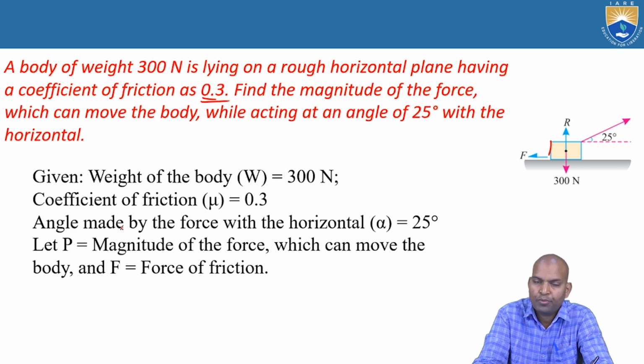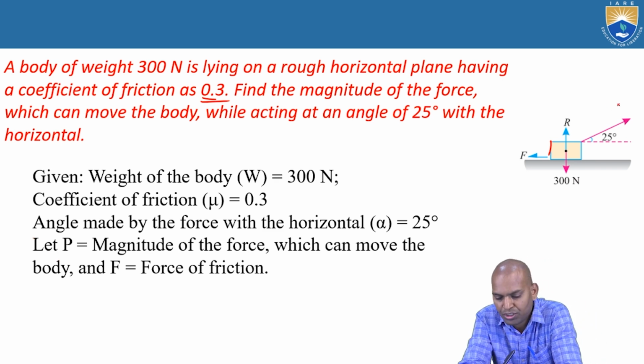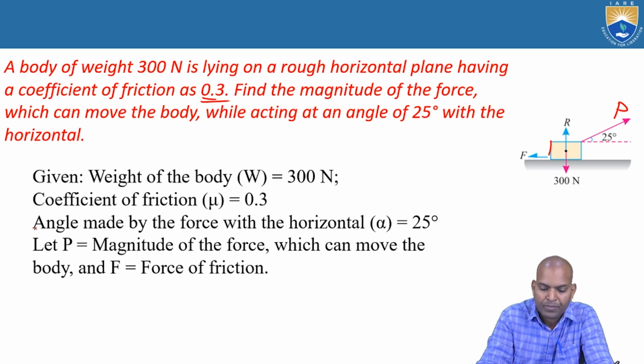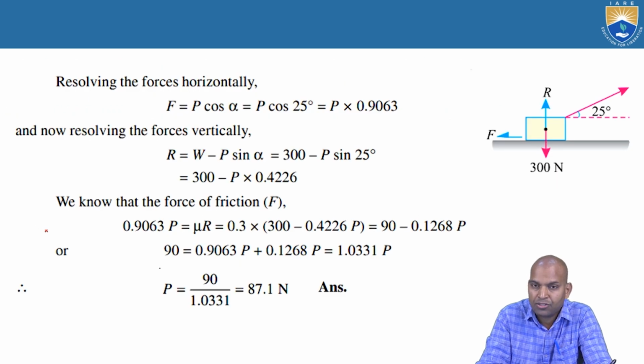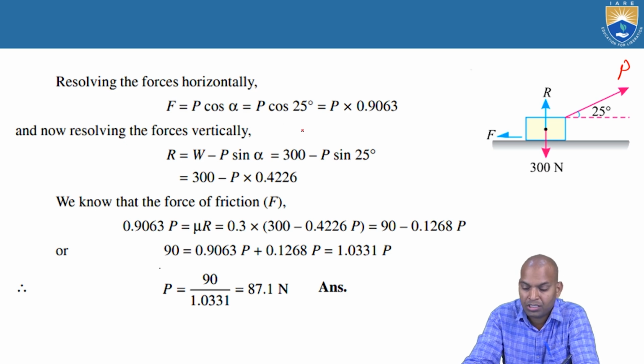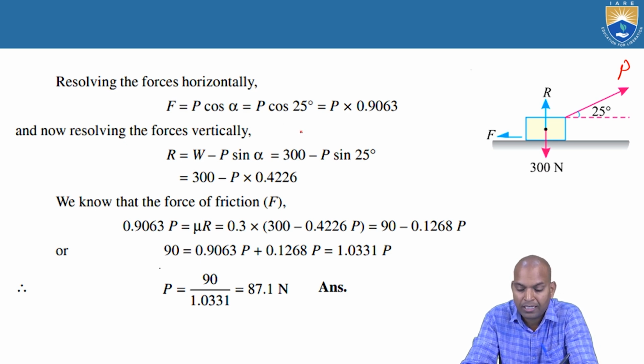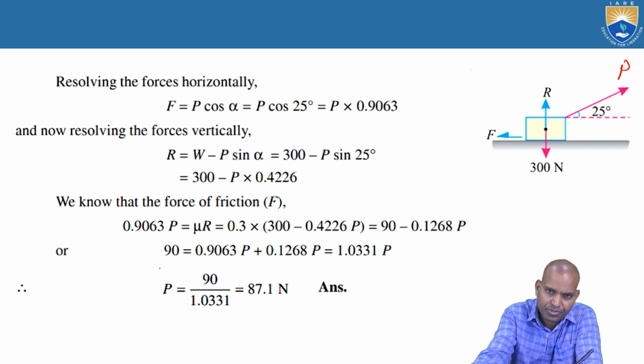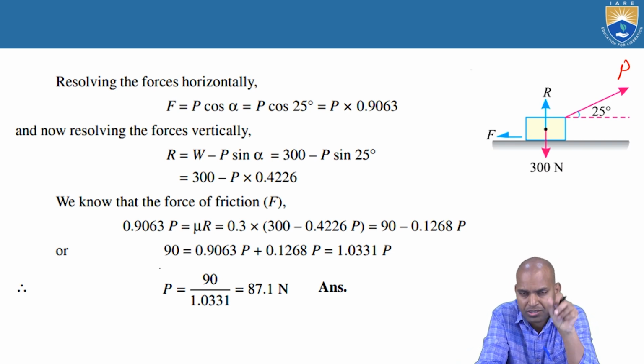Now mu equals 0.3 and weight is 300 newtons, and let P be the magnitude of the force which can move the body. What is to be found? Resolve P into horizontal and vertical components, that is P cos 25 and P sin 25. To solve these problems, we need knowledge of equilibrium conditions: horizontal and vertical equilibrium.